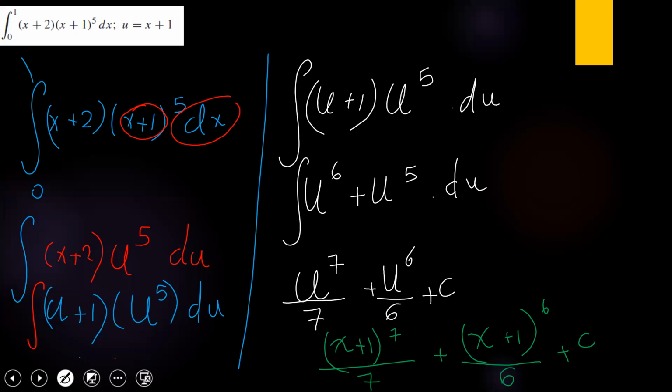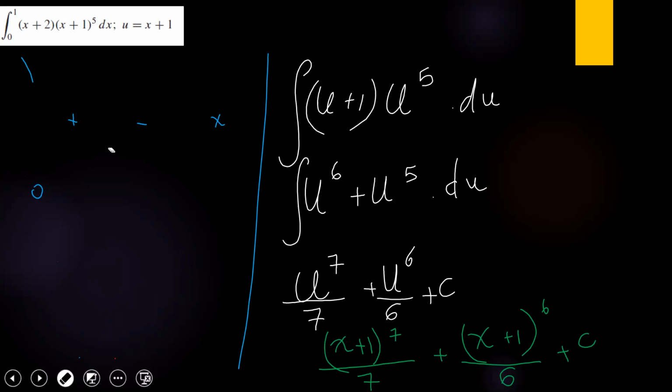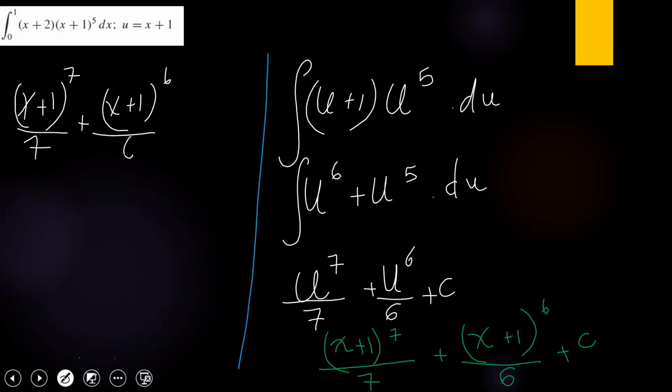After we finish it, this is an indefinite integral. I want it now from 0 to 1. So let's say that (x plus 1) to the power 7 over 7 plus (x plus 1) to the power 6 over 6, now from 0 to 1.